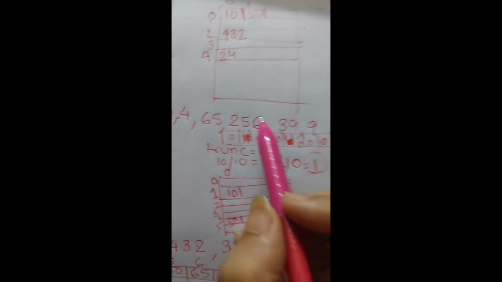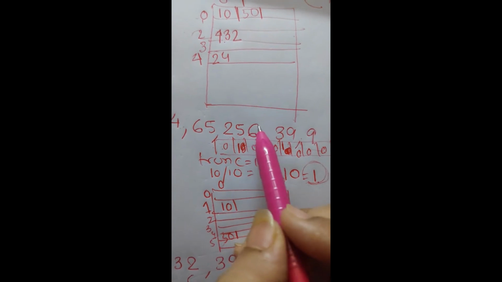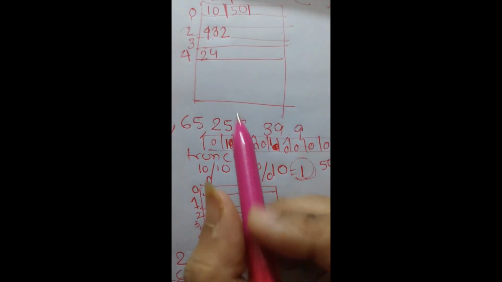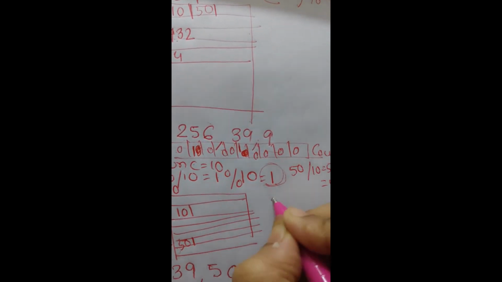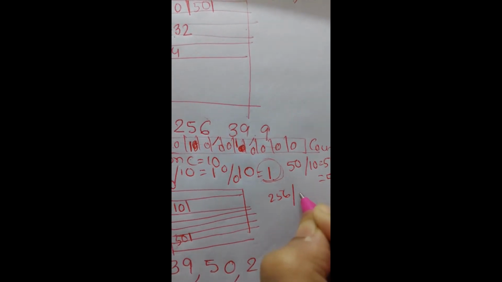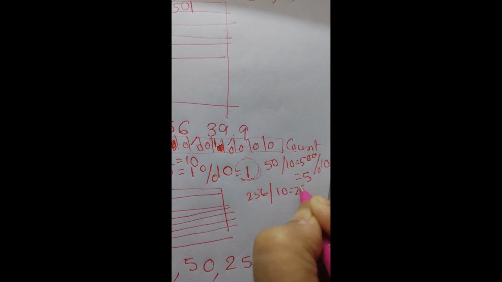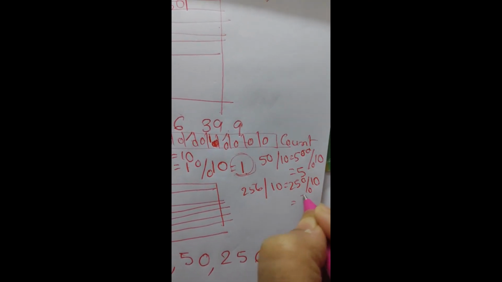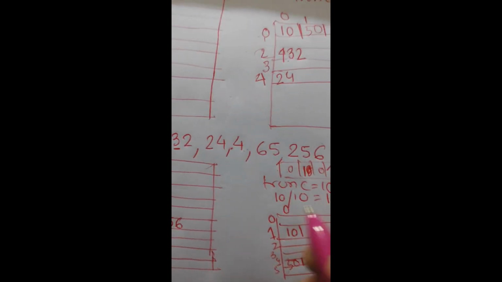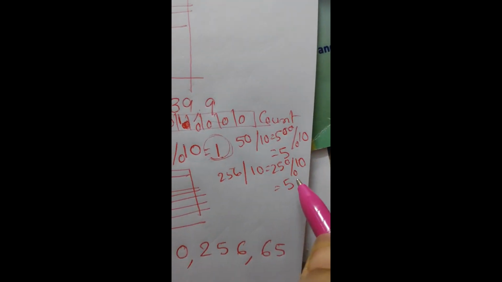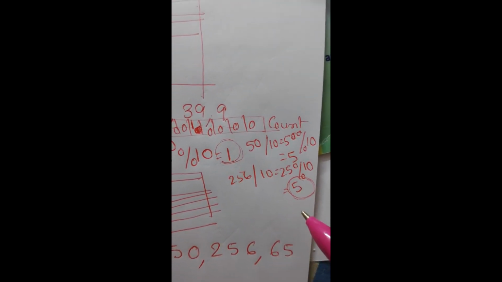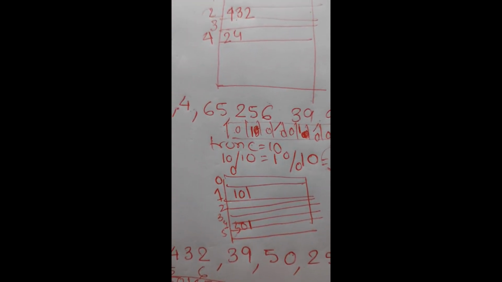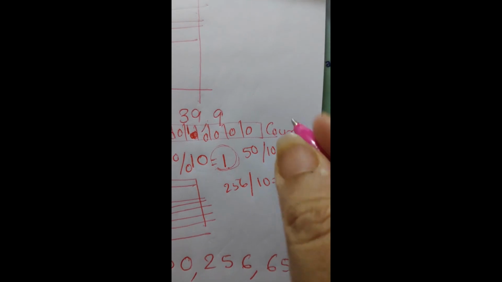Let's come to this element 256. When we come to this element 256, you see, 256 divided by 10 would give 25, and then we mod it by 10, we will get the number 5. That means we are to insert this 256 in the row that has row number 5.